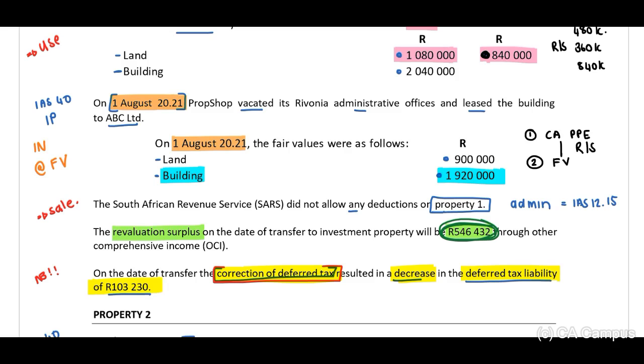Now, if you think about this, if you look at my solution, my deferred tax liability is included as a negative. Therefore, if we have a decrease, we will have to add 103230, and this will be our deferred tax liability, right?